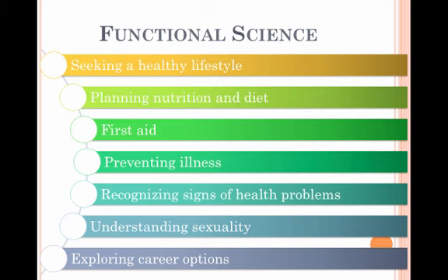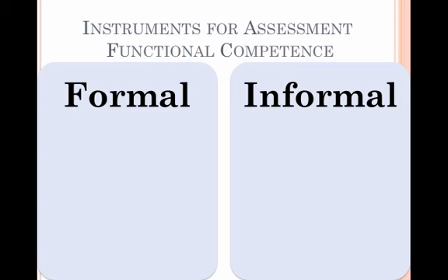But really, the idea of functional science is understanding how the components of an environment interact with each other, how they are drawn toward each other, how they do not mix with each other, how to use information like nutrients and dietary information to understand how a body functions in biology, that there are decisions that can be made, for example, that will impact health. That might be considered an example of a functional science application.